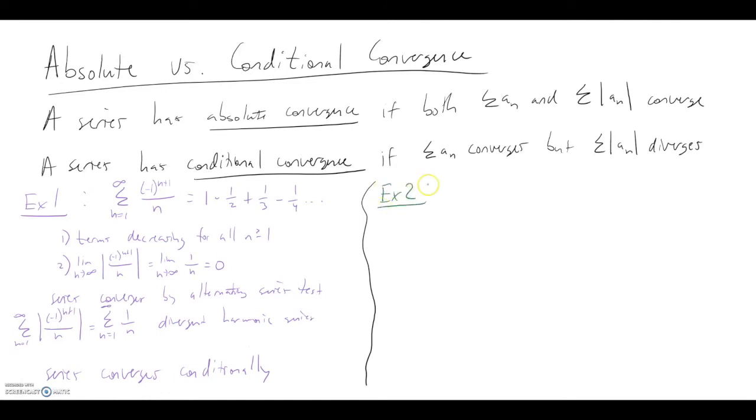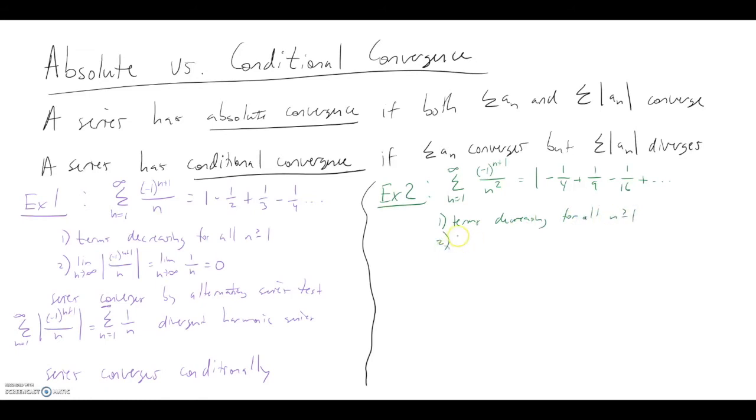In example 2, the series from n equals 1 to infinity for negative 1 to the n plus 1 over n squared, this would be the series defined as 1 minus 1/4 plus 1/9 minus 1/16, and so on. First condition to note, these terms are decreasing. That denominator is increasing while the numerator stays the same.